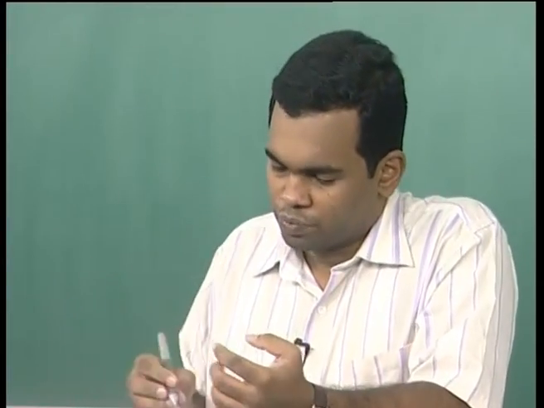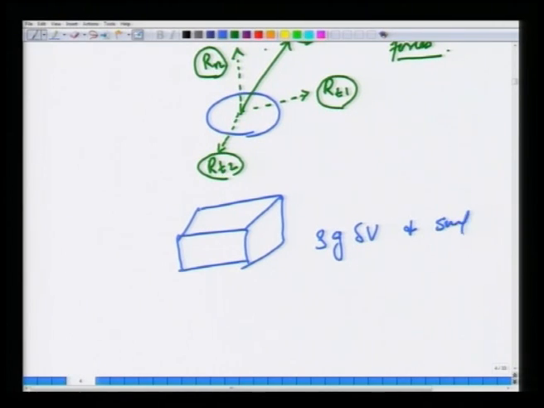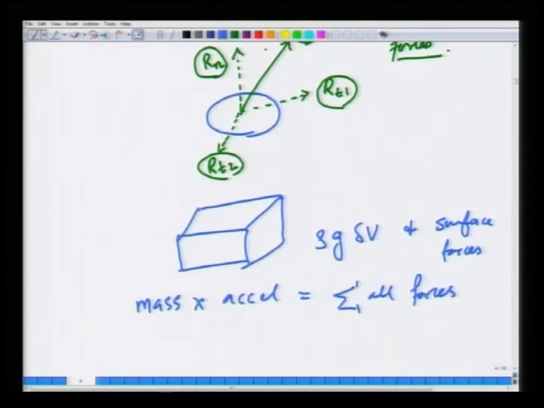Okay. Because ultimately, as I told you, fluid mechanics is a branch of mechanics, and if you take any tiny volume element, and if you know what are the forces that are acting, the body force, which is rho g delta V, and the surface forces, then one can apply Newton's second law of motion, which says mass times acceleration is the sum of all forces, which can be used to compute the motion of the fluid.